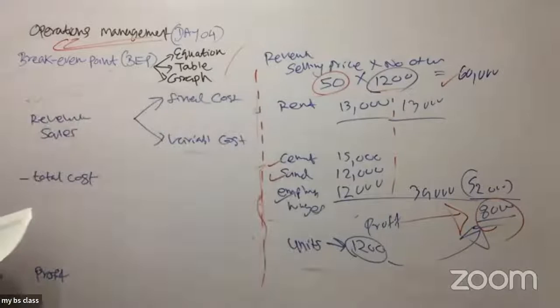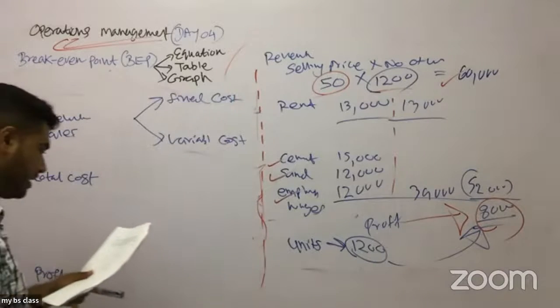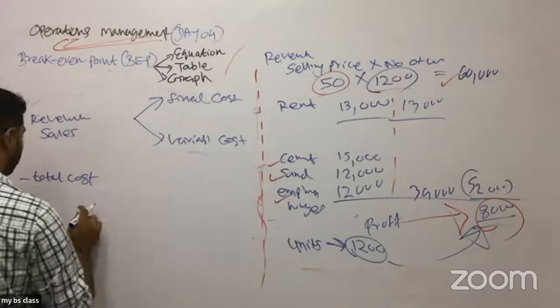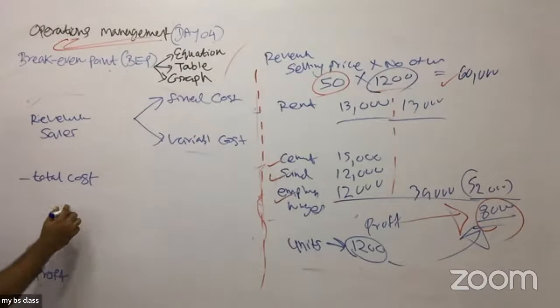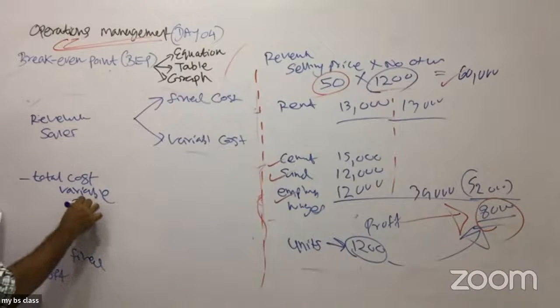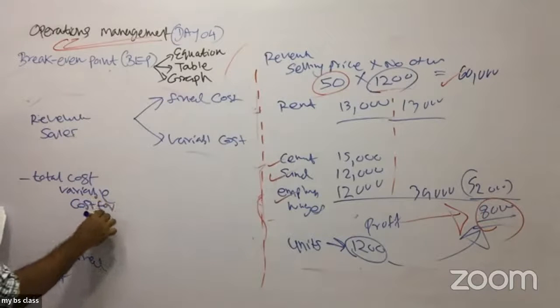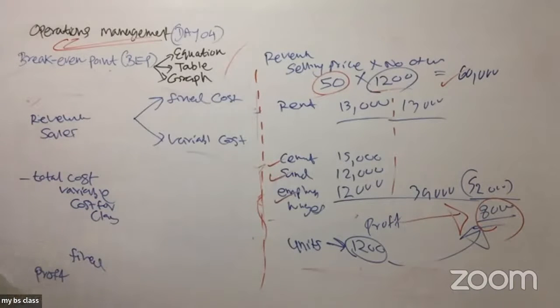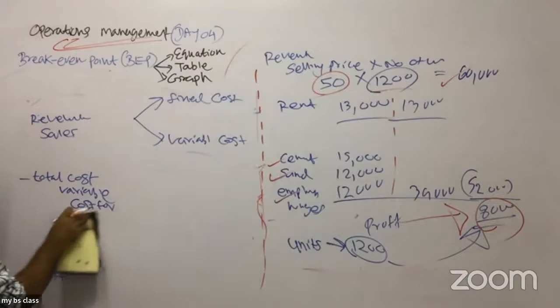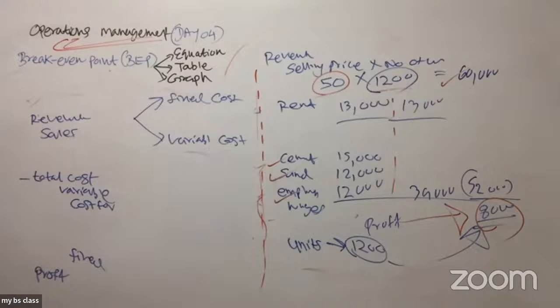It's a variable cost, 25,000. Here the cost for clay is 25,000.